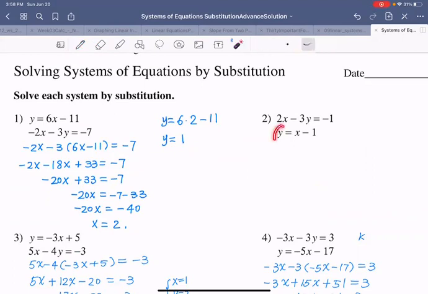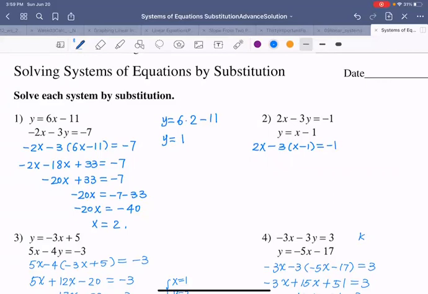2x minus 3 times x minus 1 equals -5. That's right.